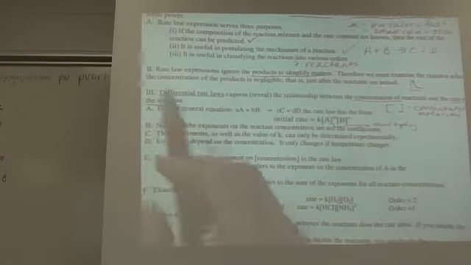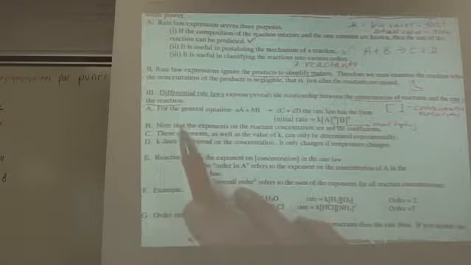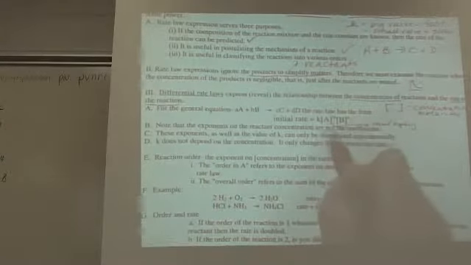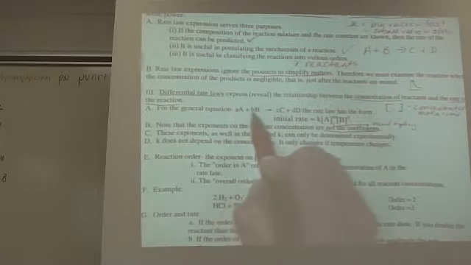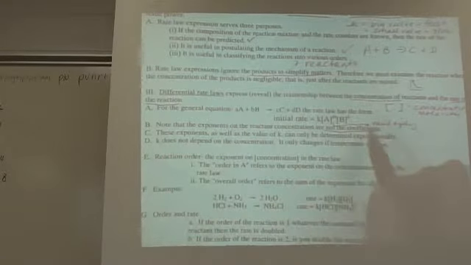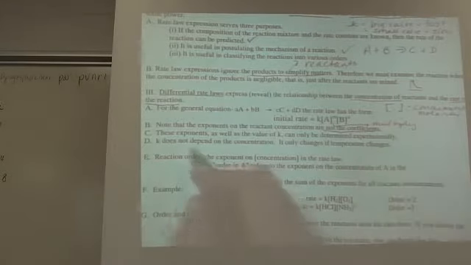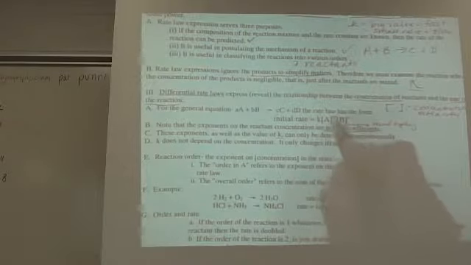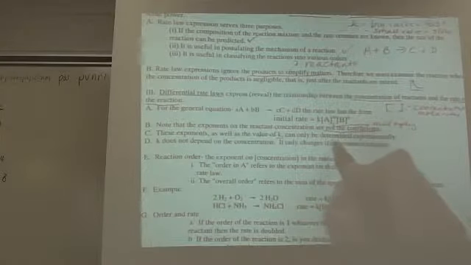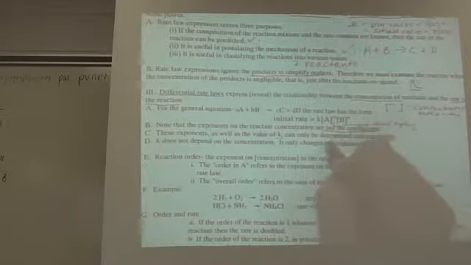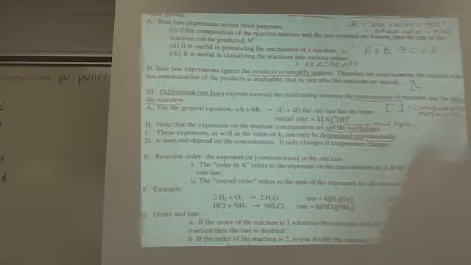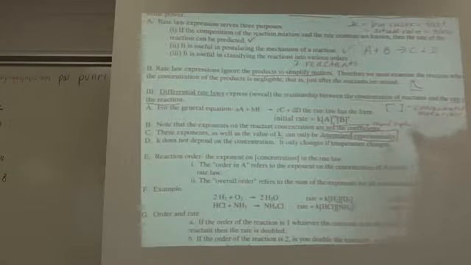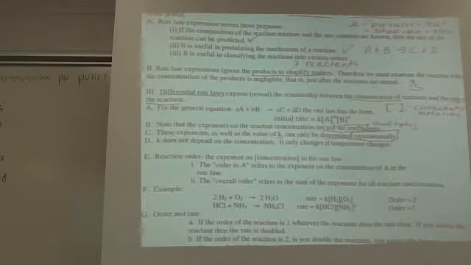Right, here are the things that kids get bumfuzzled with. These exponents, m and n, are not the coefficients from the balanced equations. They are not. Here's the other thing. The value of k and these exponents are only determined experimentally. You'll ask me in about 10 minutes, how did you know that?